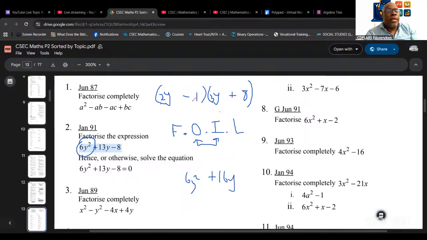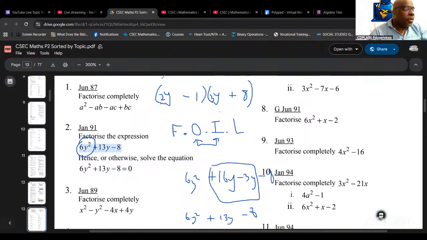Then we multiply the two inner ones, which gives me minus 3y. The two last ones will give me minus 8. Now we'll find the answer. Because when we add these two, as I told you, outer and inner results, you're going to get what? 13y. So 6y squared plus 13y. And how did we get 13y? We subtract 3 from 16, and then minus 8. So you see? Simple 1, 2, 3. We'll take a break. Let's see how that works again.